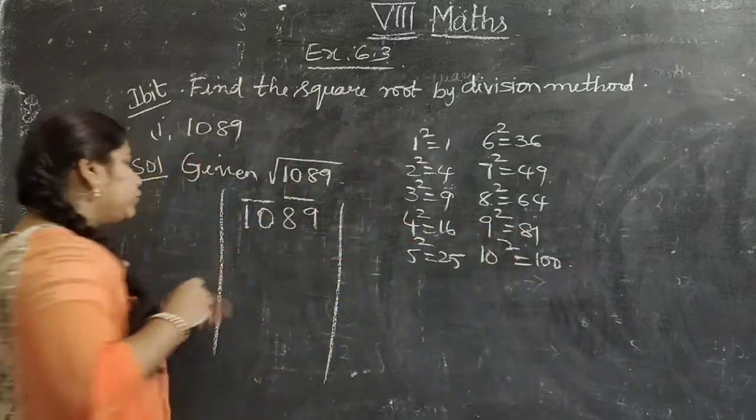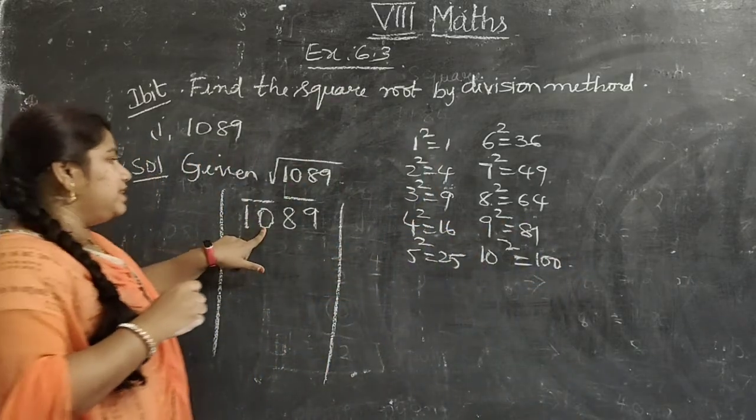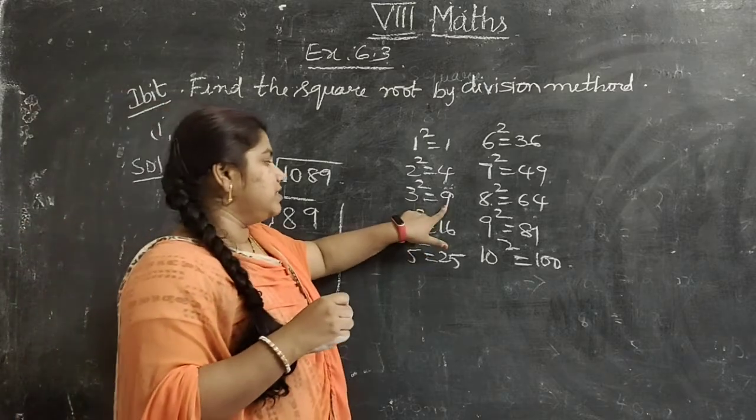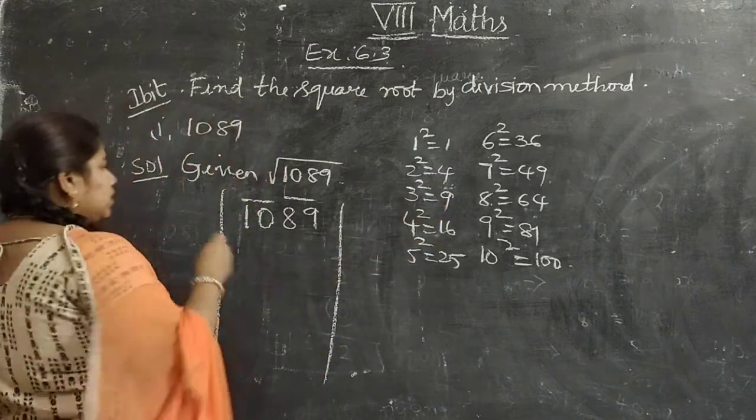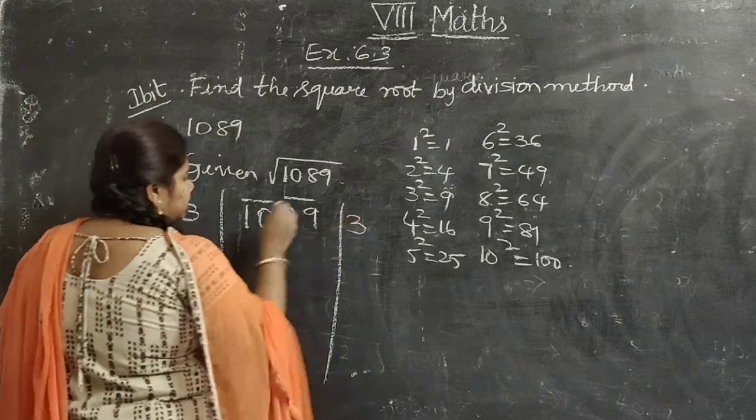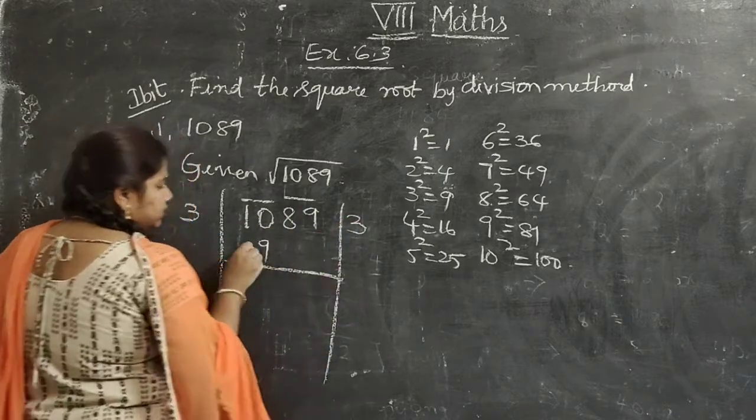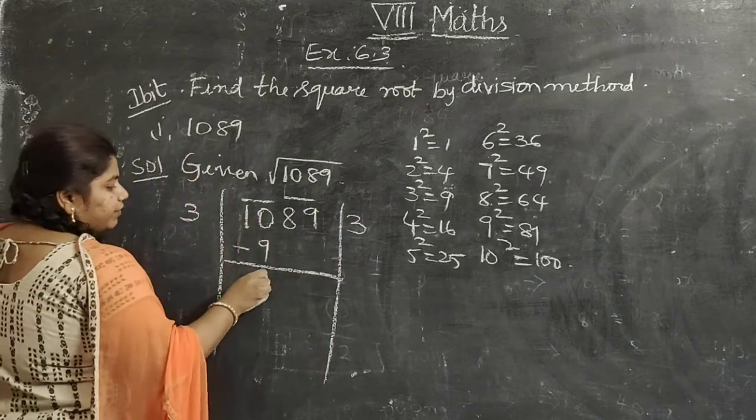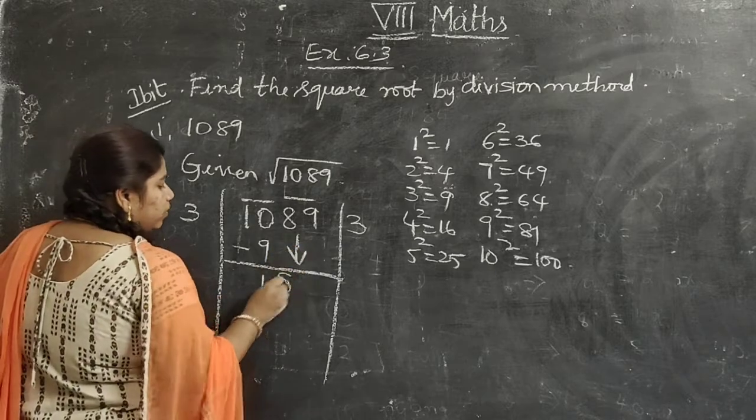Pair the values. What is the value here? 10. Less than 10, which value do we have? That is 9. 9 is nothing but 3 square. 3's are 9. Subtract this. 10 minus 9 will be 1. Bring this whole pair down.